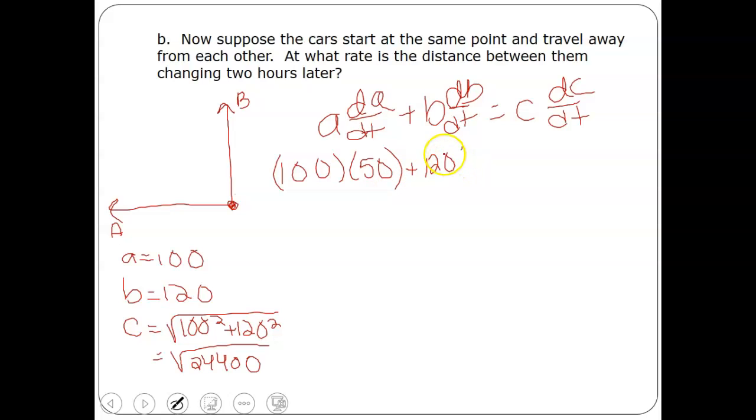B is 120, its speed is 60, equal to dc/dt, because we're going to divide all of this by c, which is the square root of 24400 or 156.